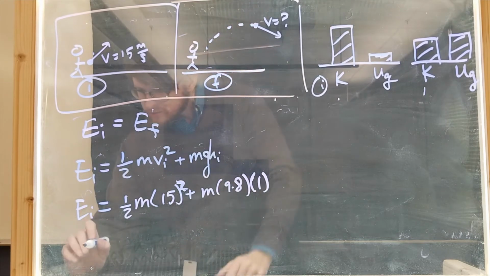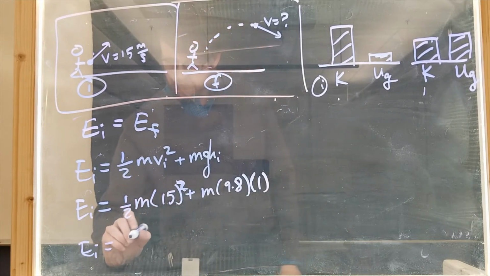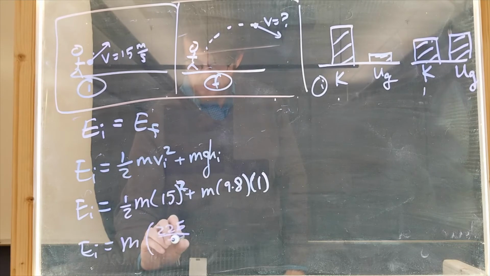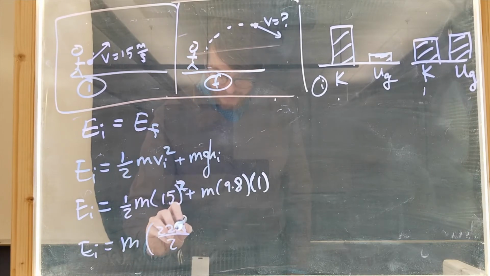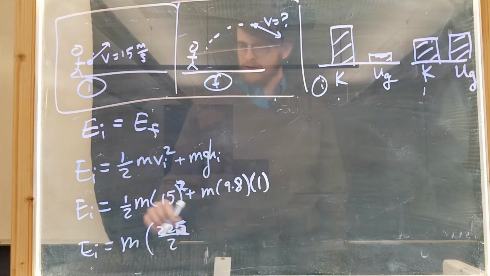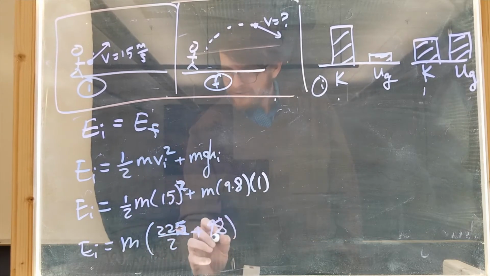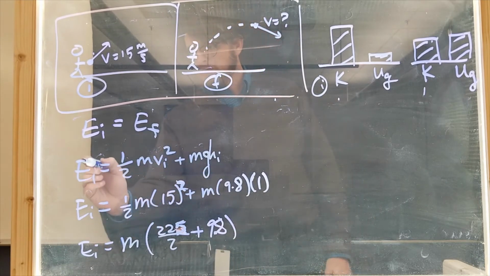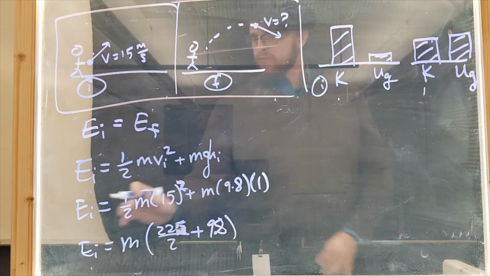That's 225 over 2, so it's m times 225 over 2, plus 9.8 m. Maybe Mr. Saunders forgot to give you enough information. We'll see. And so I've worked on the E initial side.